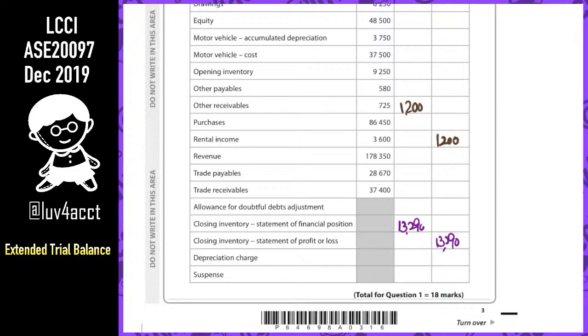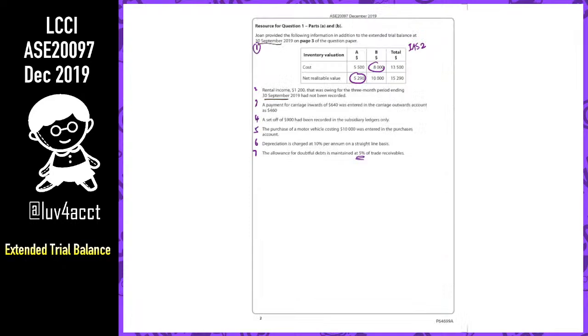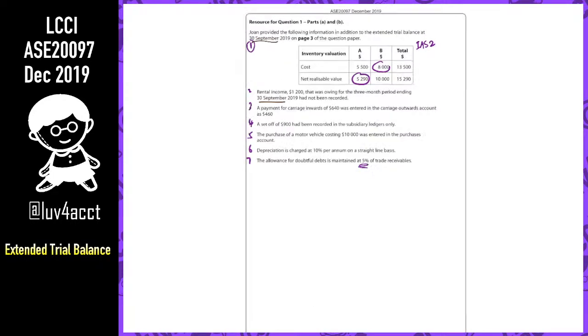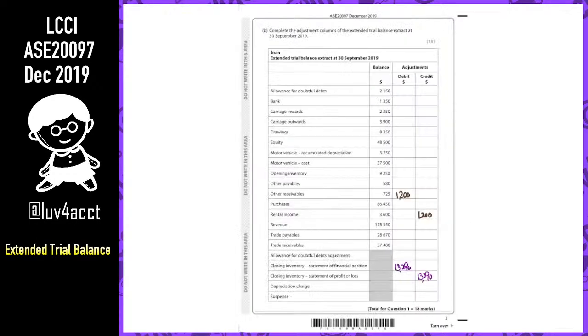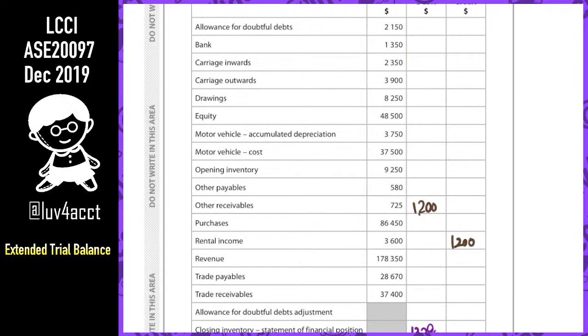Okay, next one, item 3. Payment for carriage inward, 640, was entered in the carriage out account as 460. I will take away the wrong account first. Carriage out 460, I will take it away first.